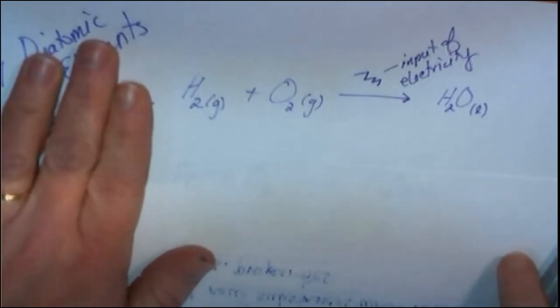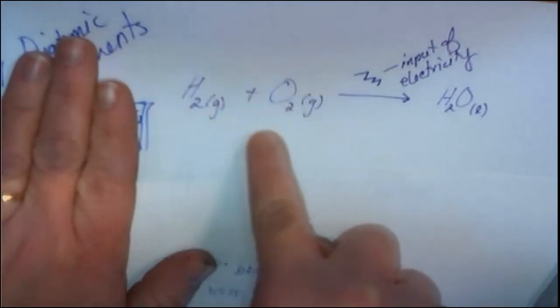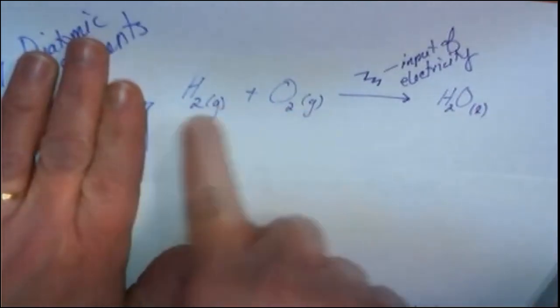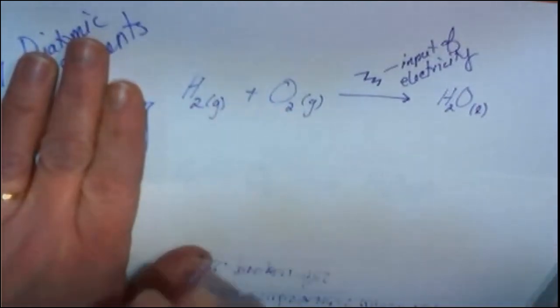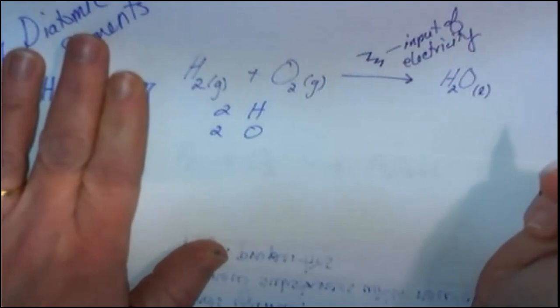Okay, Shelby, if you could help me out counting the number of atoms of each element on the reactant and then the product side. So as this is written, how many atoms of hydrogen do we have? There's 2 hydrogen and 2 oxygen. Perfect. How about on the product side? How many hydrogen and oxygen? There's 2 hydrogen and only 1 oxygen.